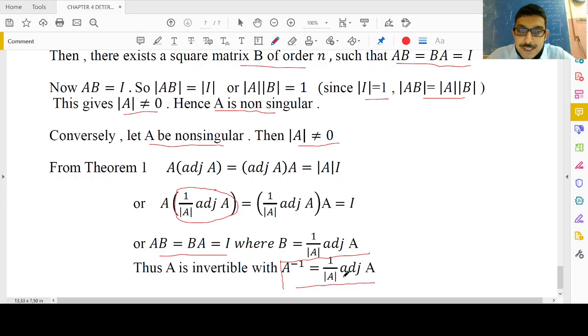So that is the necessary and sufficient condition for the existence of inverse of a matrix. Inverse of a matrix exists only if determinant of A not equal to 0. Determinant of A equal to 0 means inverse does not exist.